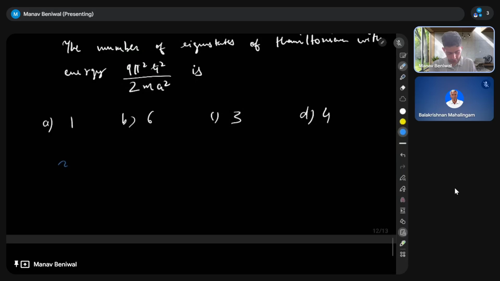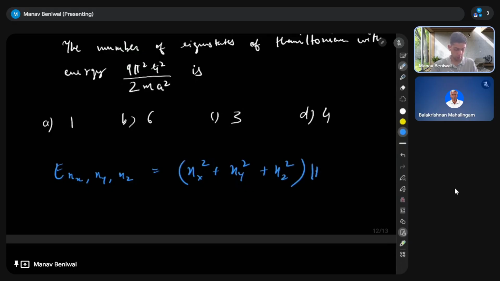Now we know for a 3-dimensional box, our energy for nx, ny, nz will be nx squared plus ny squared plus nz squared times pi squared h cut squared over 2 m a squared. And now this factor is coming out to be 9, right?